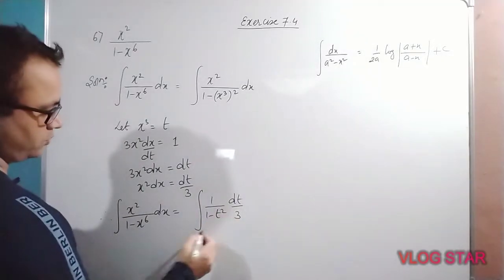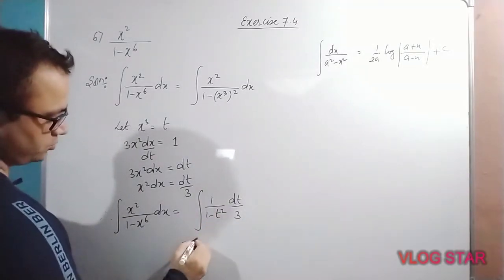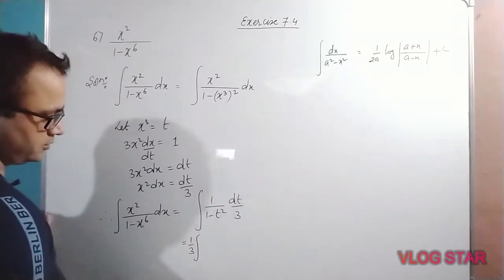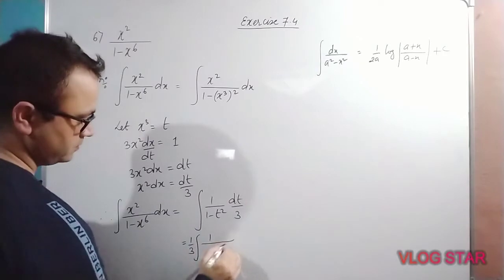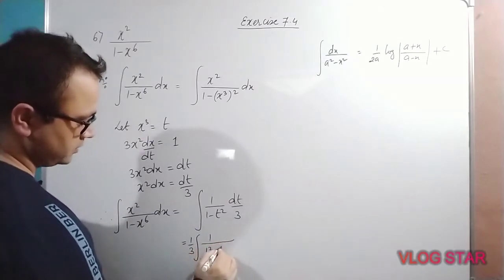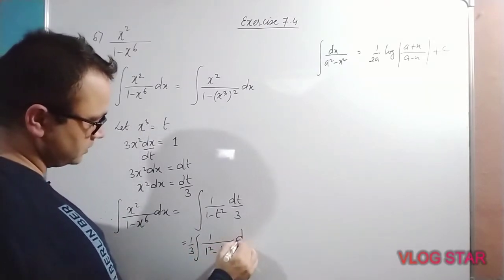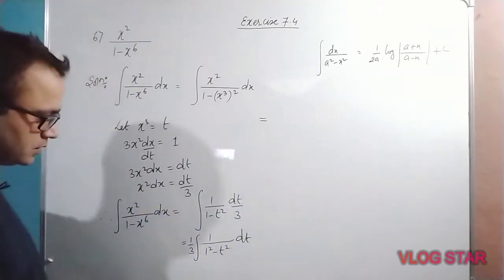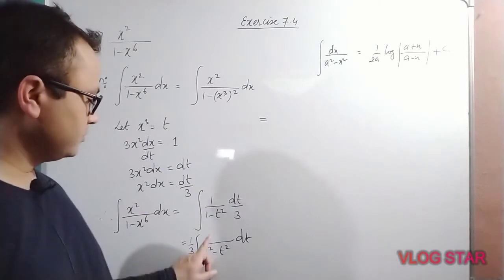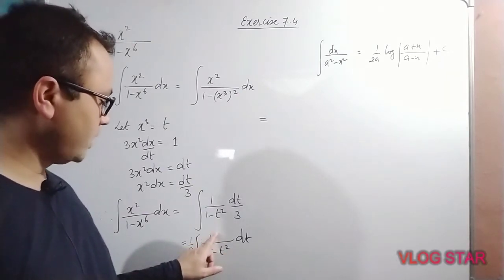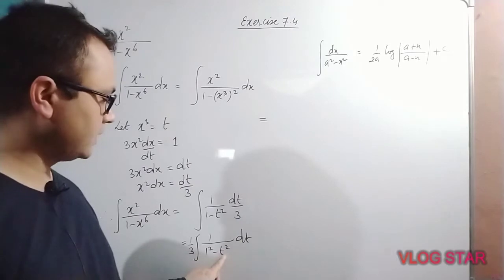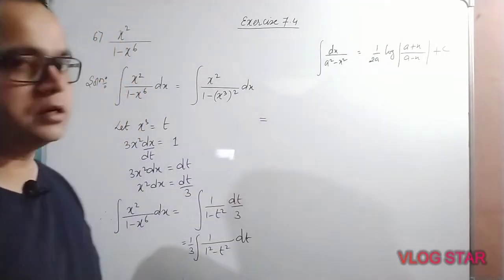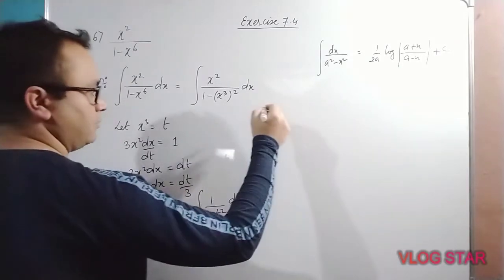This equals integration of, taking 1 by 3 outside, 1 by 1 square minus t square dt. Now the integration of 1 by a square minus x square dx is 1 by 2a log of a plus x divided by a minus x.